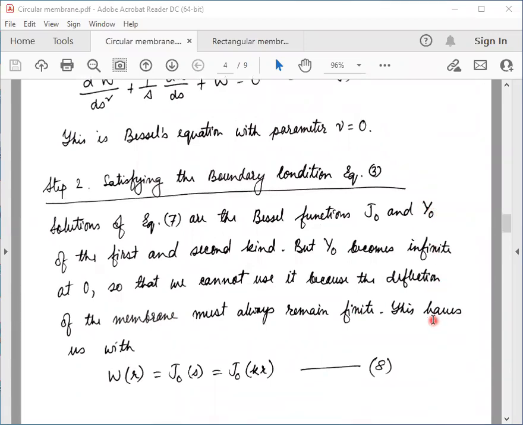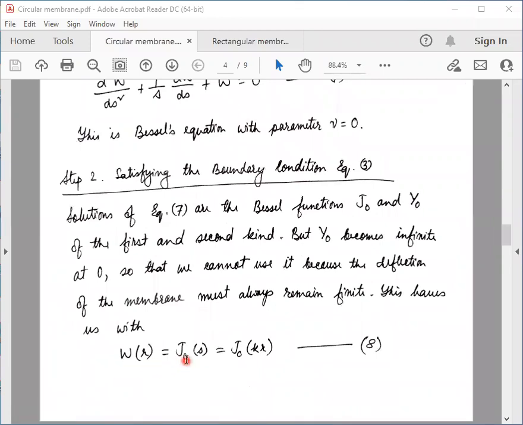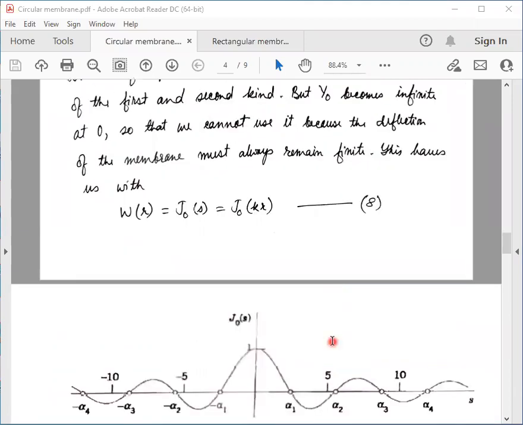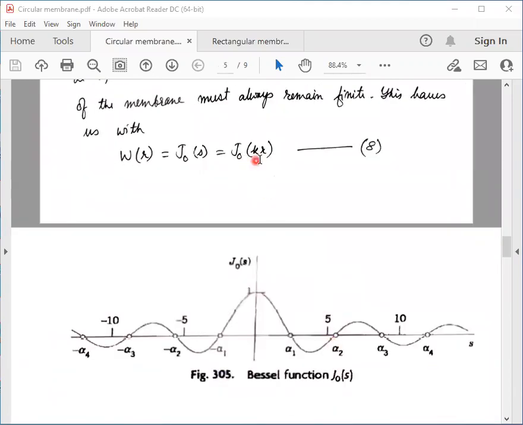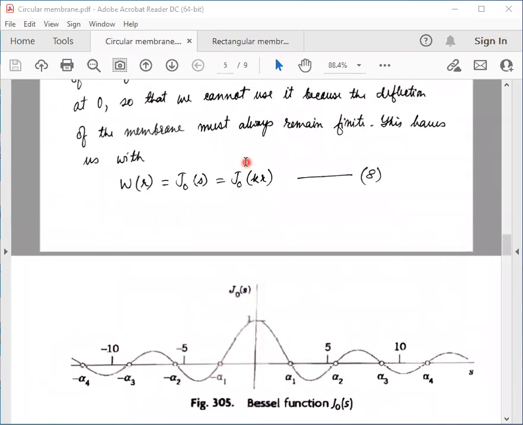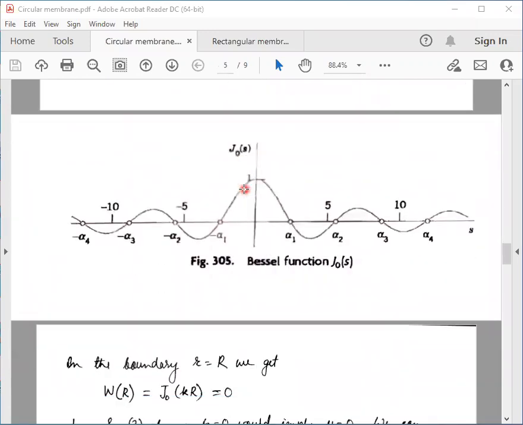This means we have W(r) equal to J0(s), and s is equal to kr, so it is J0(kr). So J0 is the Bessel function of the first kind with parameter nu equal to 0.